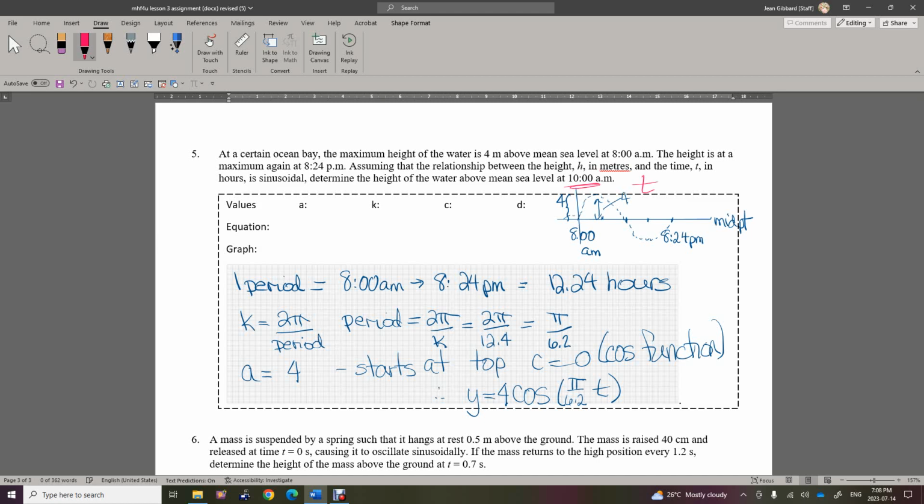So that means time is 2. Take your formula, substitute in 2 for t, and you get the answer 2.1 meters.